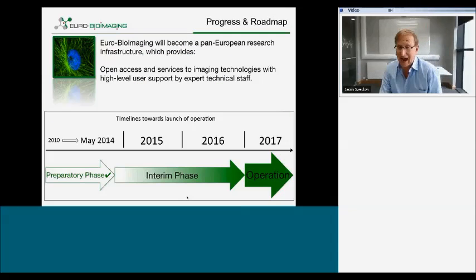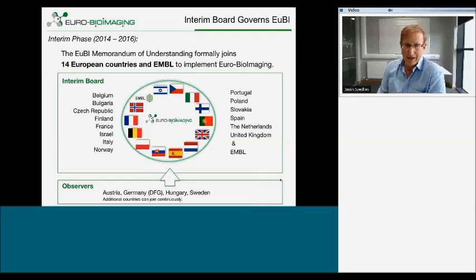EuroBioImaging is actually moving quite well. The project is in the so-called interim phase. It's gone through a very successful preparatory phase, is in the middle of a process of defining various governance and legal architectures, and is moving towards operation probably at the beginning of 2017. Several countries are driving this interim phase. You see them listed there.